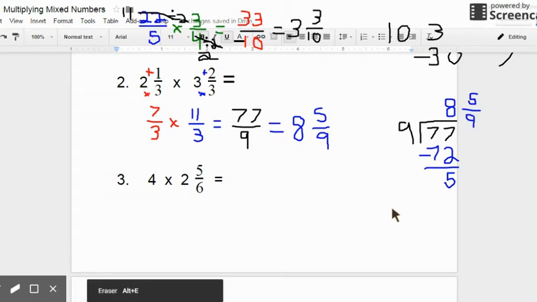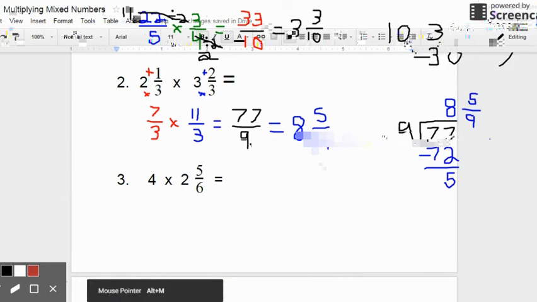All right, let's go ahead and give one more form. Let's go over just one more example before you try some on your own. Let's go ahead and look at this problem.